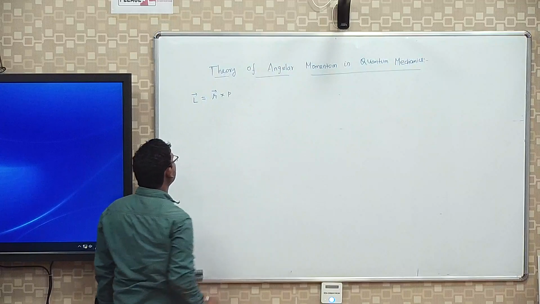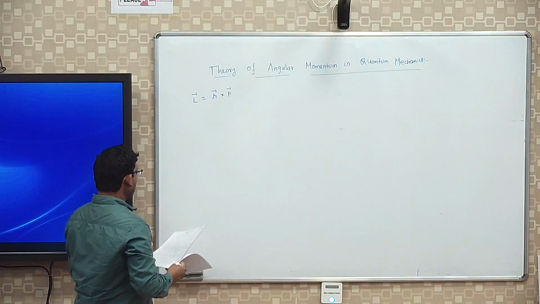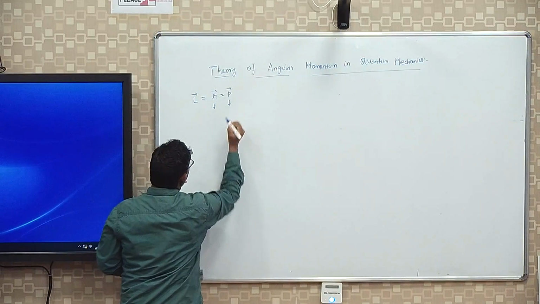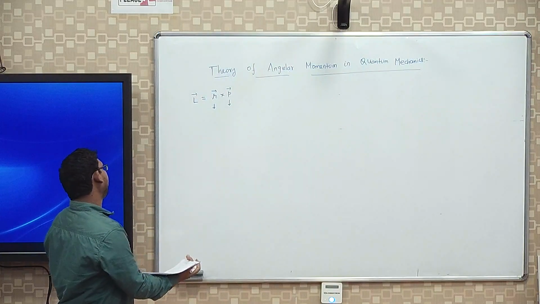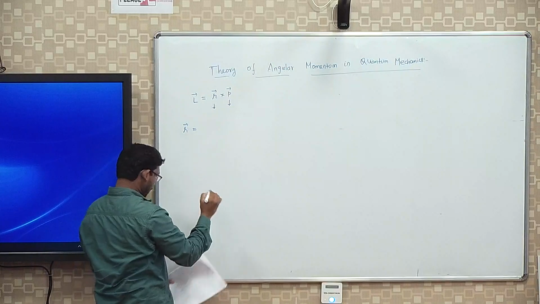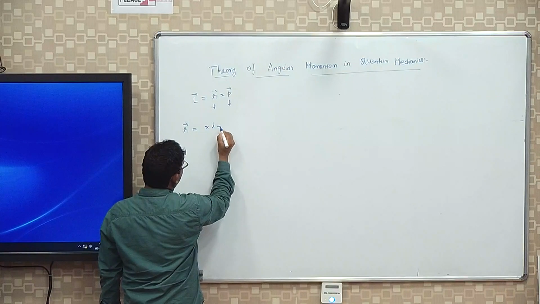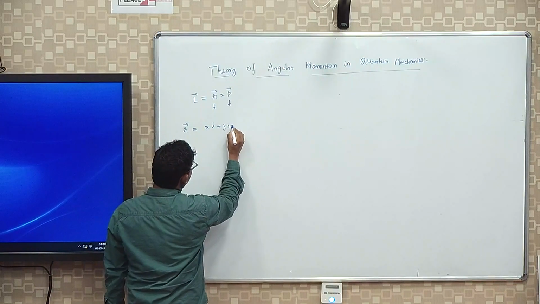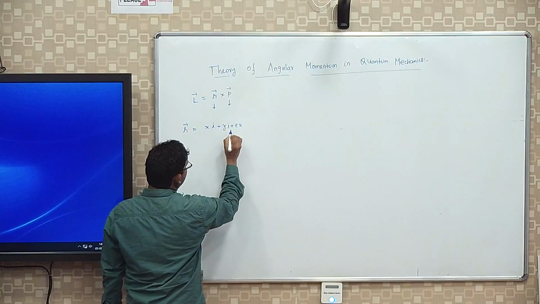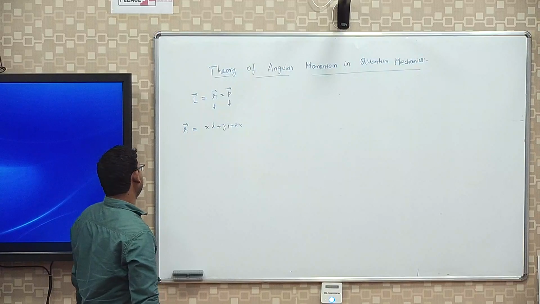L equal to R cross P. And here R is the position vector and P is the linear momentum of that corresponding particle. So if we write, R vector is nothing but x i, y j, z k. Here i, j, k are unit vectors along x, y, z direction respectively.